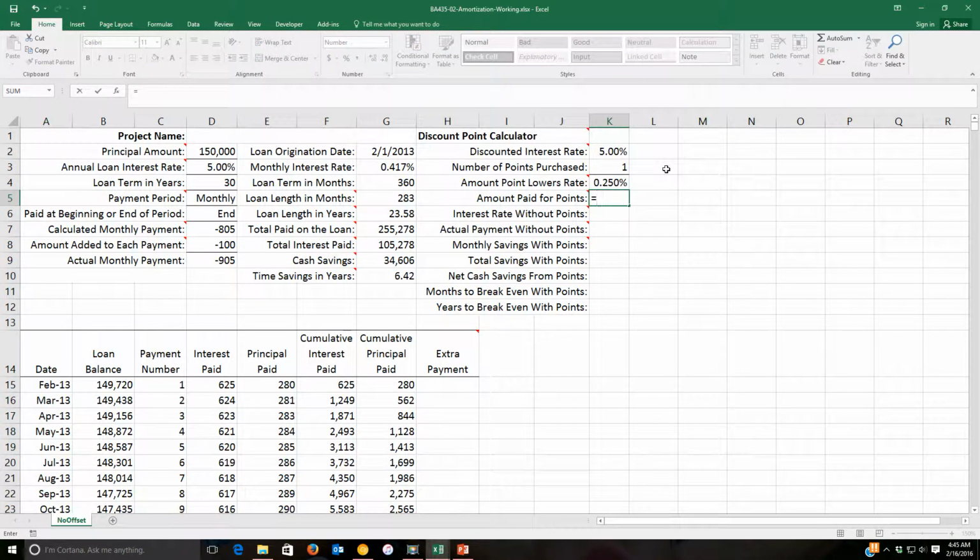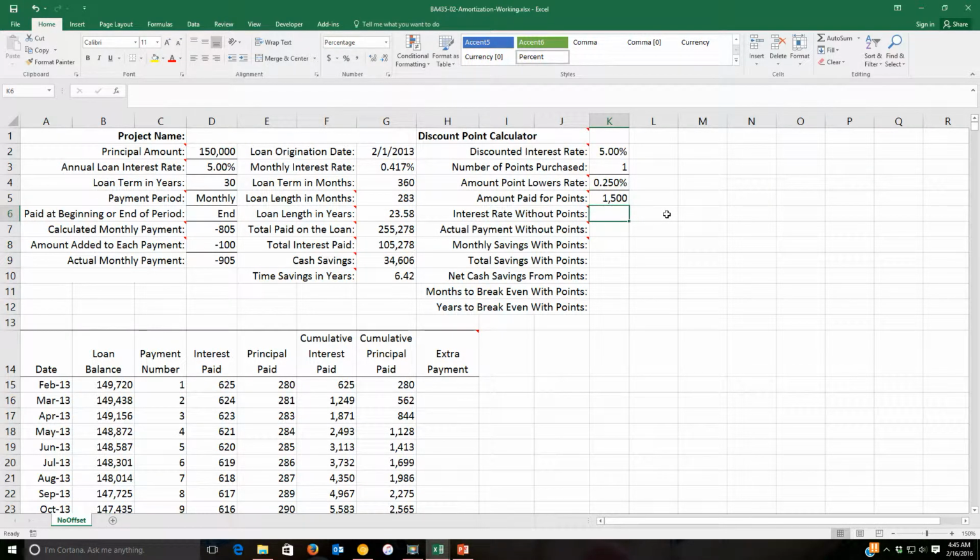So let's take 1% of our loan amount, which would be our loan amount times 0.01, and then we'll multiply that times the number of points that we want to purchase, and we get $1,500. Now the interest rate without points, we're simply going to take the interest rate that we're using and add to it the number of points we purchase, how much they lower the rate.